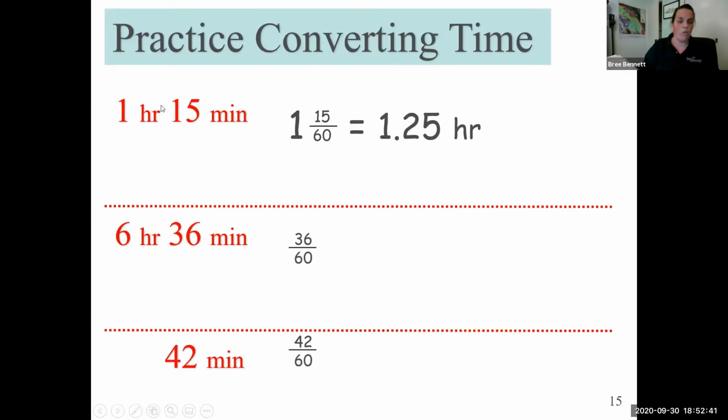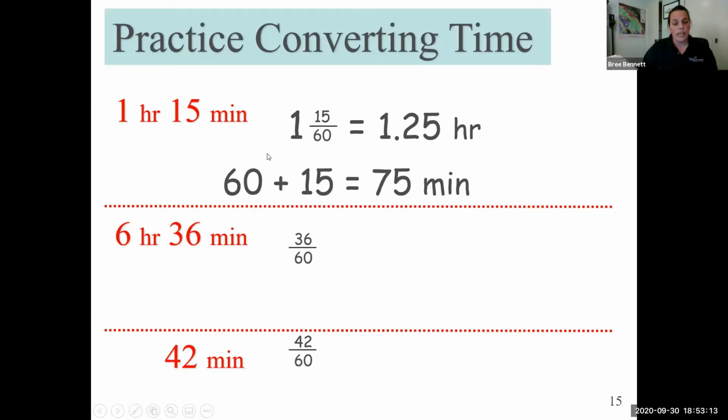So if we have 1 hour and 15 minutes and we want to convert it into time, we can do it 2 methods. This is our first method here. We have 1 hour and 15 60ths if we're looking for the whole hour, right? Because there's 60 minutes in an hour. So that 15 minutes is equal to 15 60ths of an hour. So if we divide that, it would equal 1.25 hours.